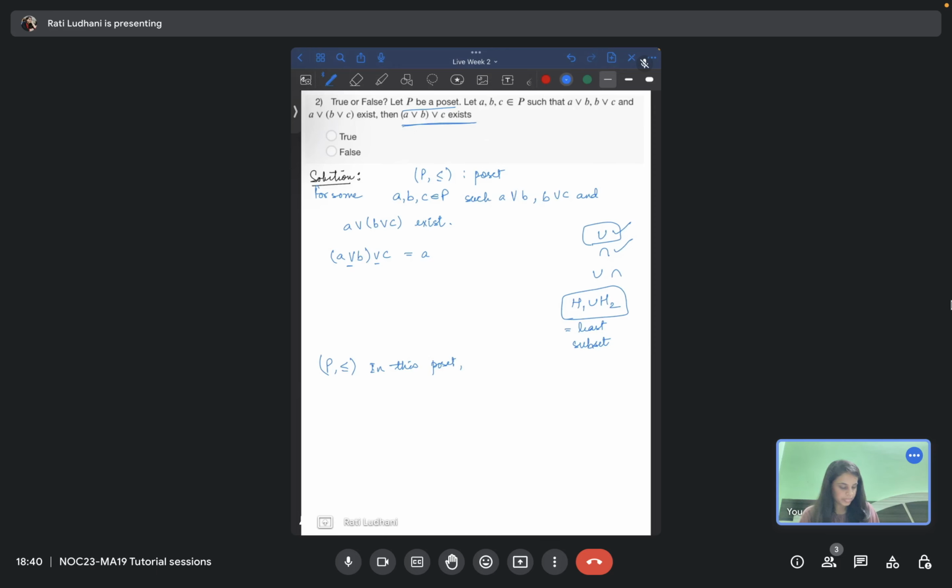In this poset, for A, B belonging to P, A join B is equal to the least element of the subset, or you can write just the set, T belonging to P, so it should belong to the poset, such that A is less than or equal to T, and B is less than or equal to T. I'll differentiate this from what you have in your mind.